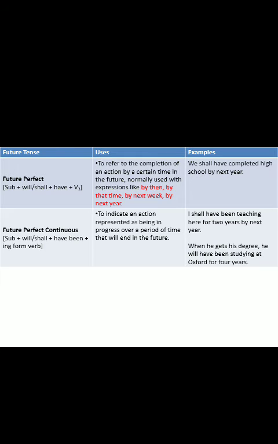Only have, not has. Okay? Here only have plus the past participle form of the verb, and it is used to refer to a completed action which is going to be completed in the future time.